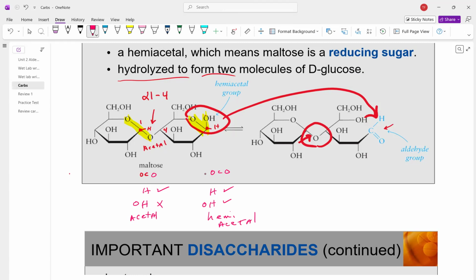So it is a reducing sugar. Three dots means therefore. Top, top, top.